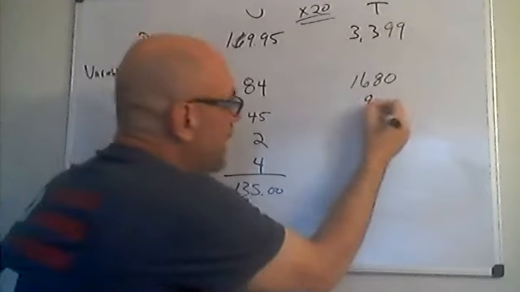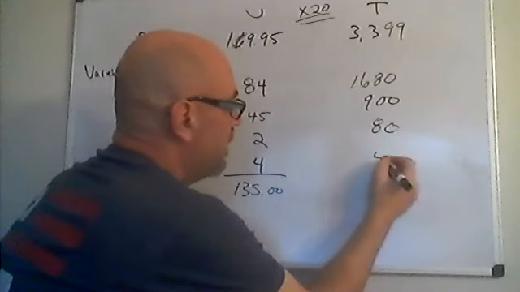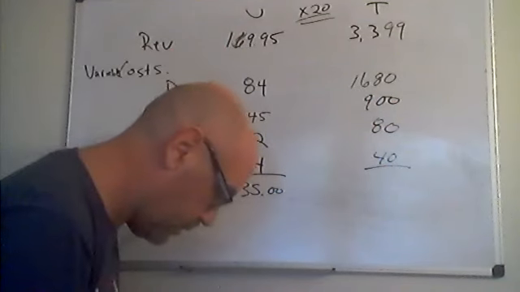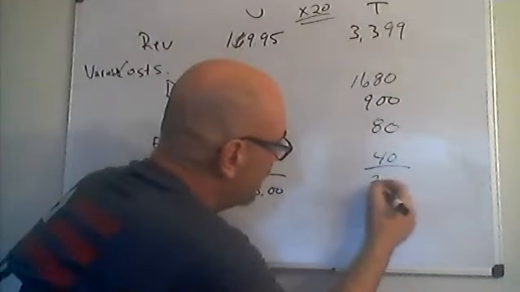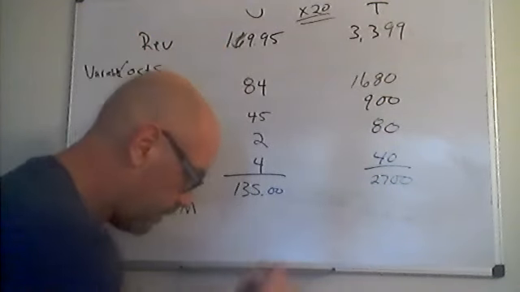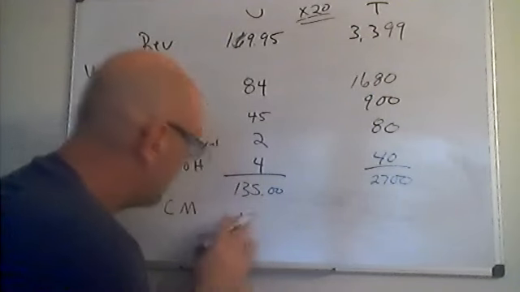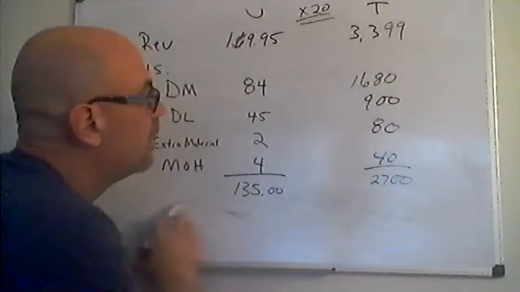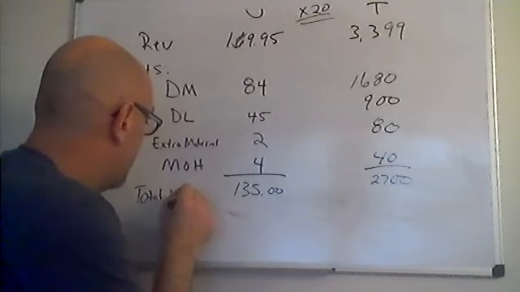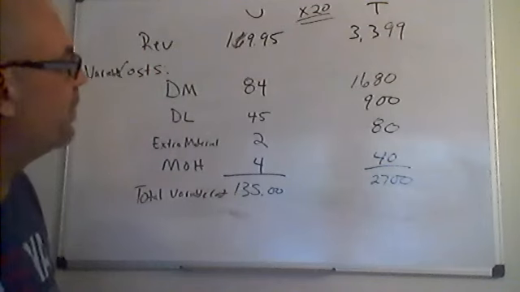So we have 1680, 900, 80, and 40. That is our total variable cost.